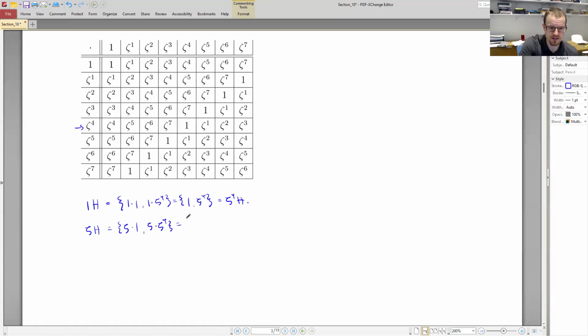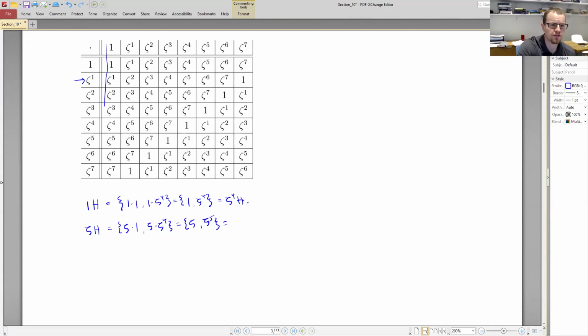And of course, that's just zeta to the first power and zeta to the fifth power. So we obtained it in this case by multiplying by zeta to the first.